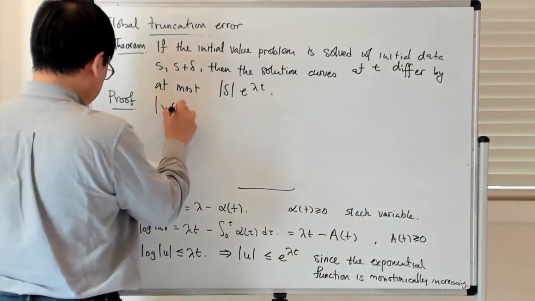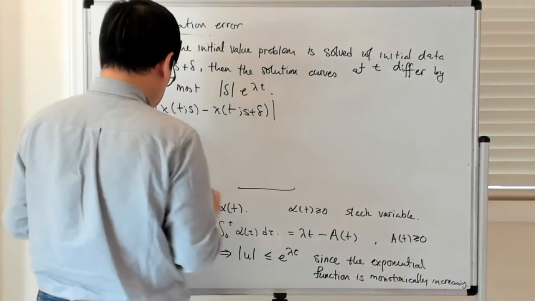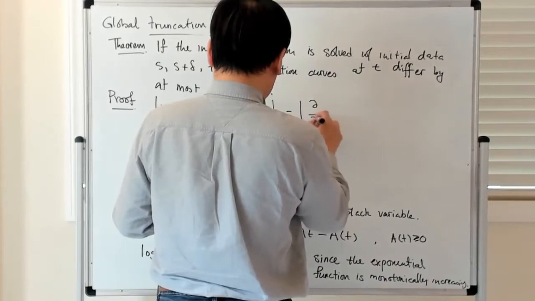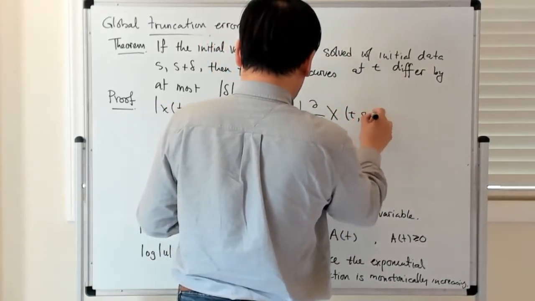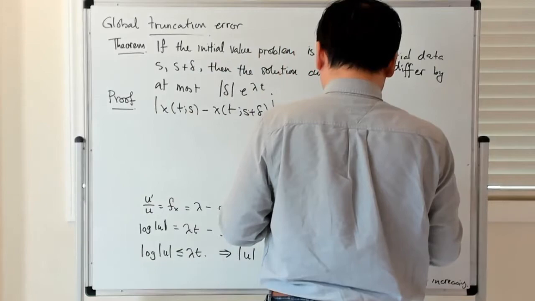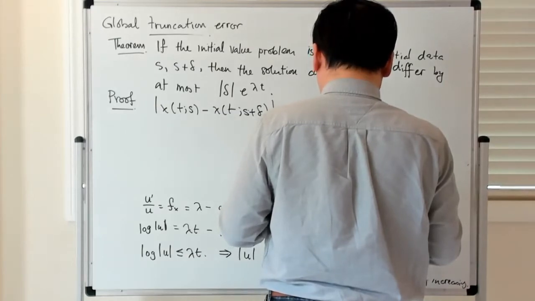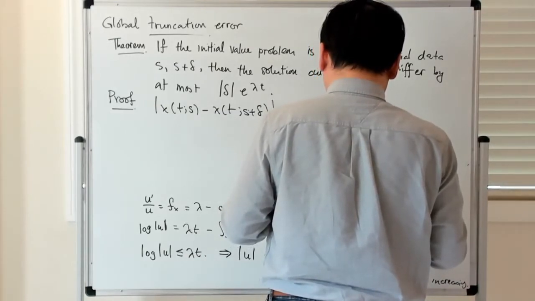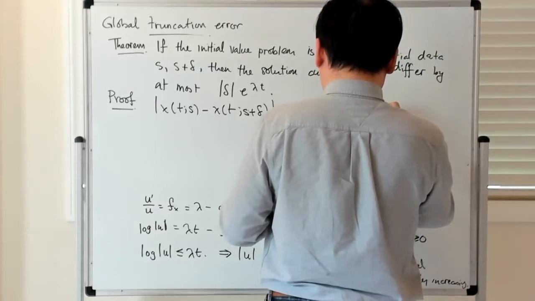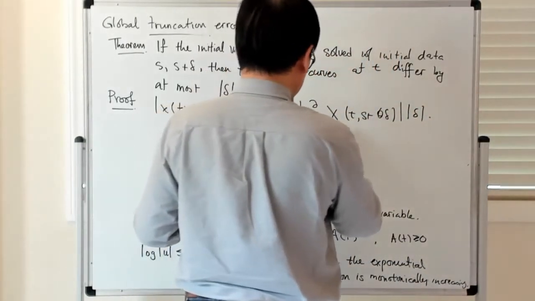Right, so x(t, s) minus x(t, s plus delta) is equal to the partial with respect to s of x(t, s plus some unknown, let's call that theta delta) times absolute value of delta, right.